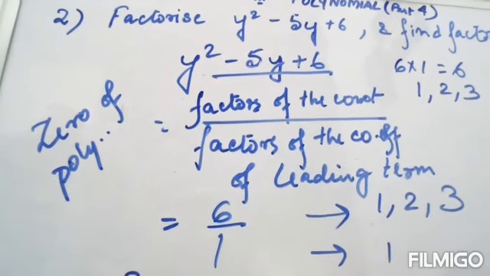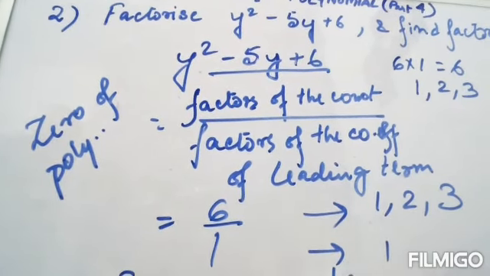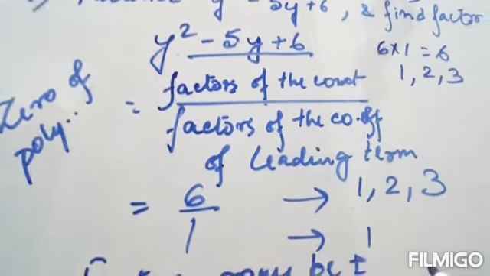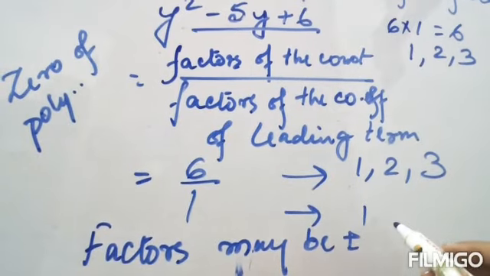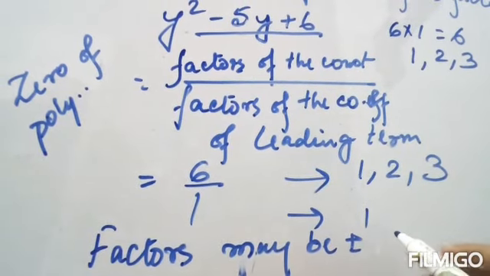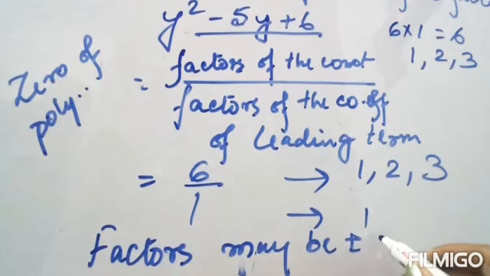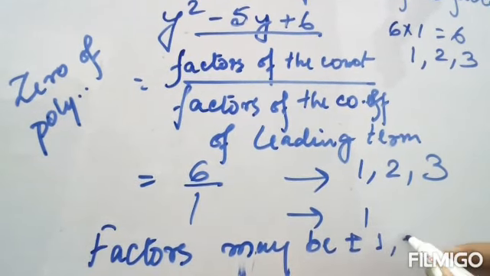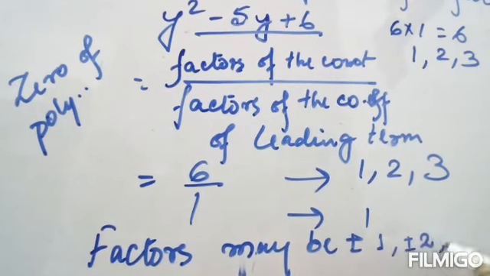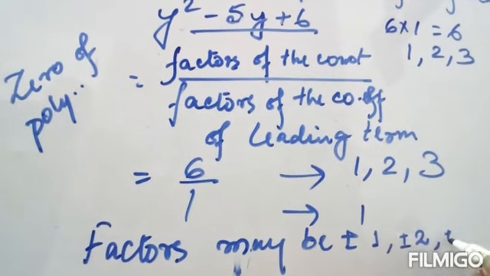You have to write plus minus, because that can be negative also, positive also. So plus minus, first 1 by 1, which means 1, then 2 by 1, which means again 2, 3 by 1, which means again 3.